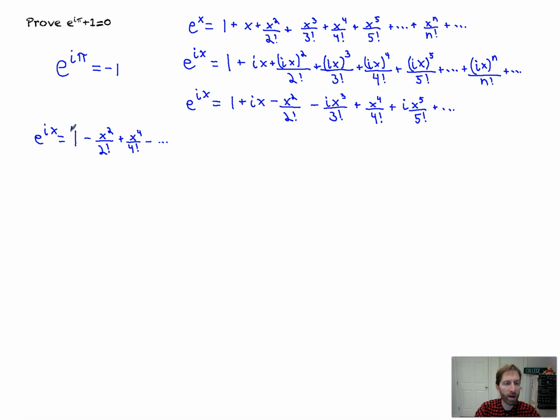So those are your non-i terms, plus, and now here are your i terms. I'm going to take out i from all the terms that we have here. That's going to be i times x minus x cubed over 3 factorial, whoa, pretty cool, plus x to the 5th over 5 factorial. Now, if you don't see it yet, you will in the next step. That keeps on going on and on like that in that pattern.